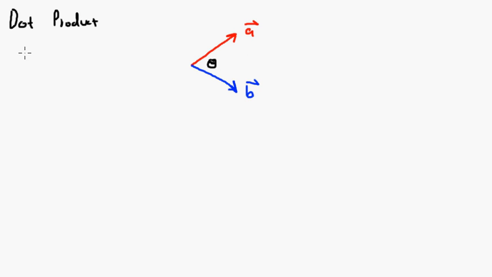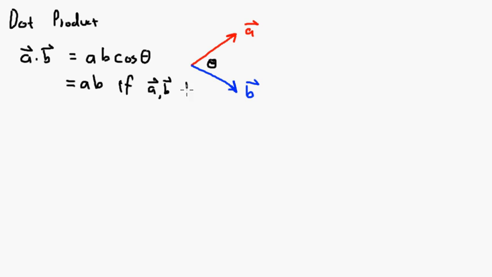So the dot product, you'll remember, A dot B was the magnitude of A times the magnitude of B times the cosine of the angle between them. So if theta was 0, these were pointing in the same direction, and then the cosine was 1, so that was just equal to AB if A and B were parallel.